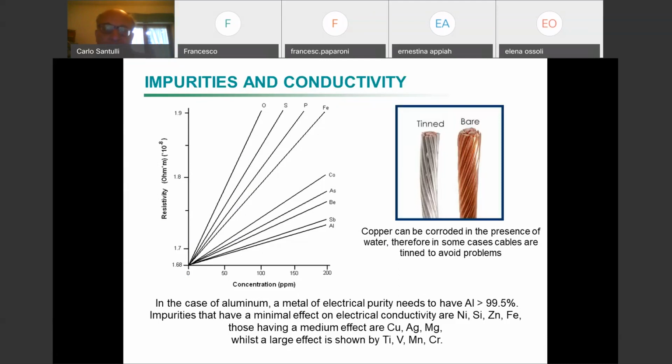The question with impurity is that in some cases you find out that the resistivity, and therefore the conductivity, which is the inverse property of the resistivity, is affected. You may find out that the conductivity is reduced by the presence of impurities. So there is not just oxygen.